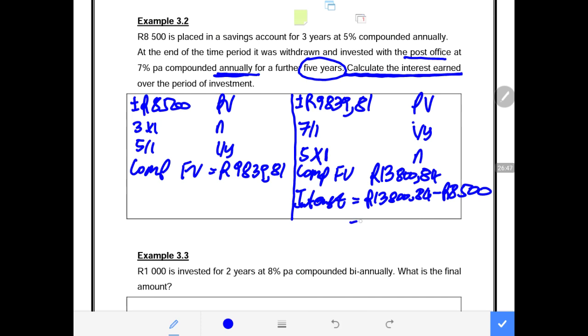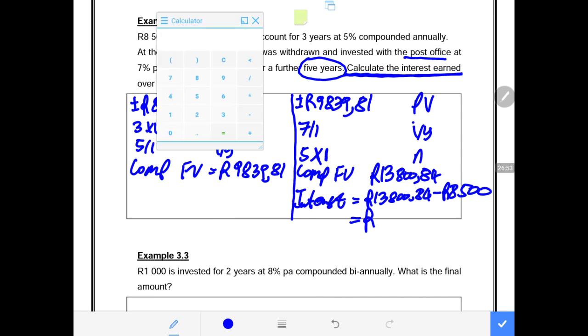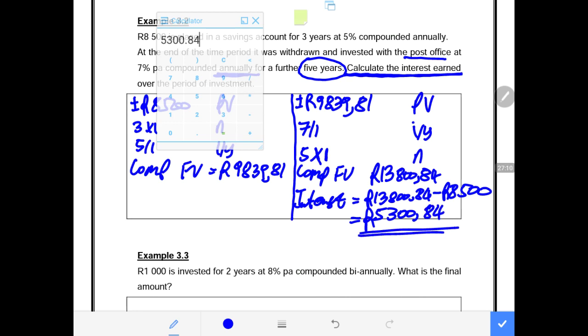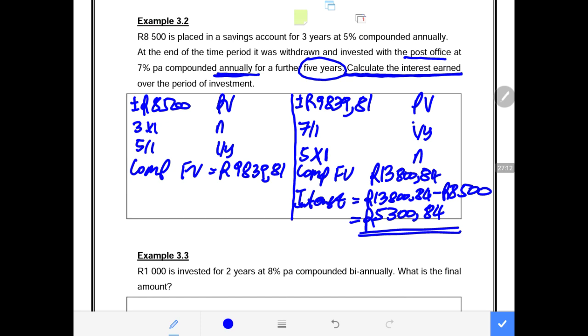So the difference between the amount we had and the amount we have now, the future value, will be the interest. 13,800.84 minus 8,500 gives us an interest of 5,300.84. This will be the interest earned over the period of this investment.